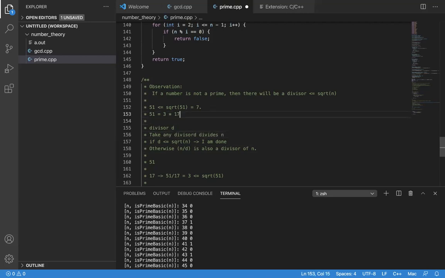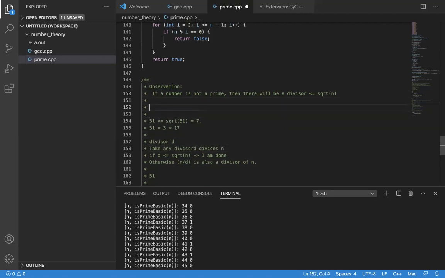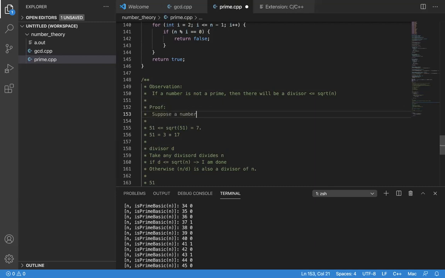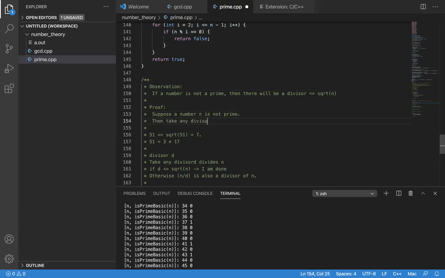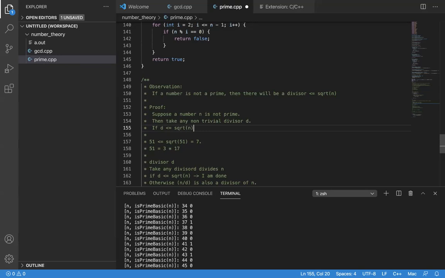Take any divisor. Let me write its proof, then you may understand it well. How can I prove this? Suppose a number n is not prime. Then take any non-trivial divisor d. If d is less than or equal to square root of n, my property is satisfied and I don't need to do anything.